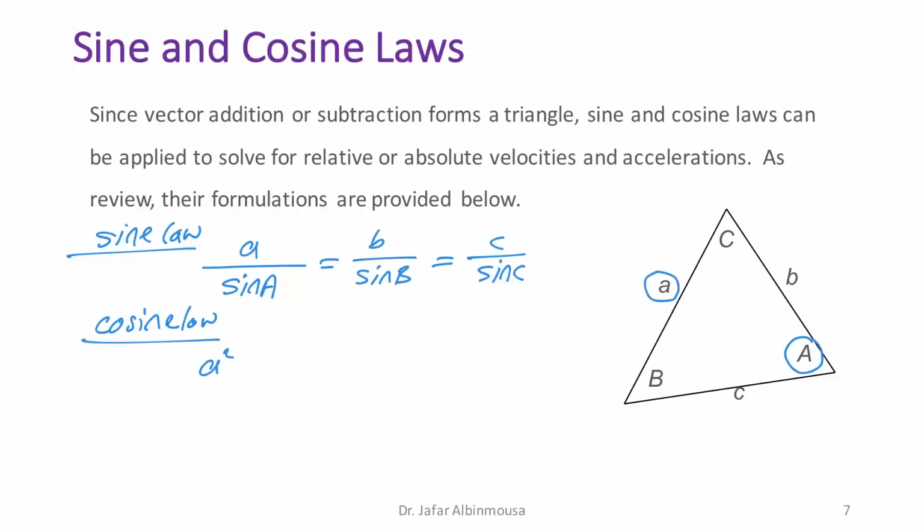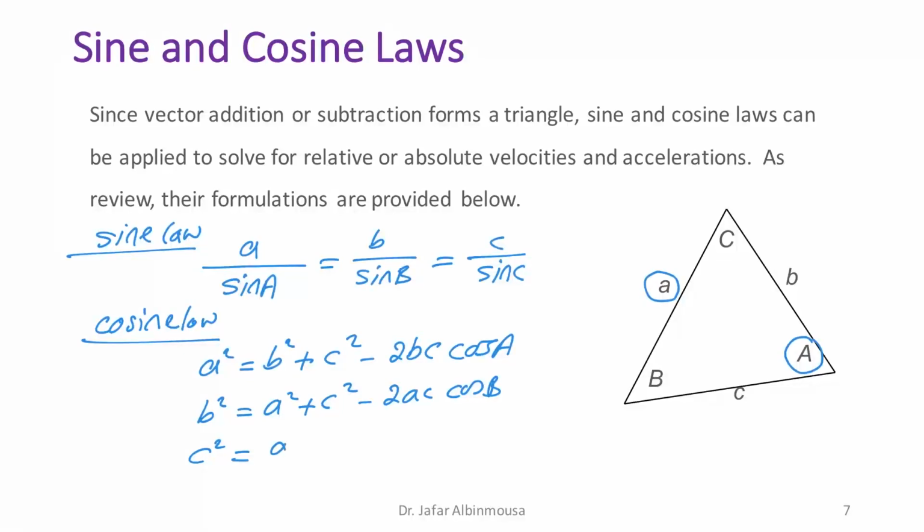So a squared, which is the length of the side a, is equal to b squared plus c squared minus 2bc cosine A. Similarly, b squared equals a squared plus c squared minus 2ac cosine B, and c squared equals a squared plus b squared minus 2ab cosine C.